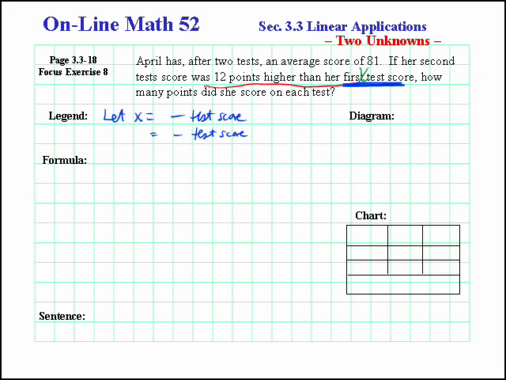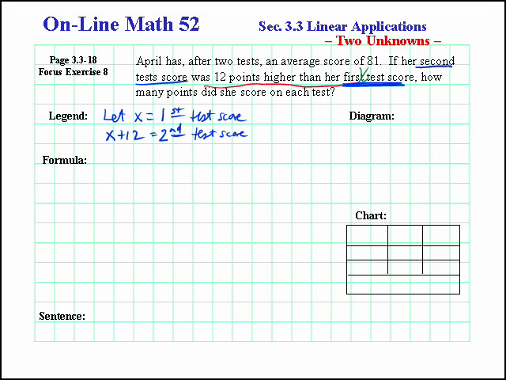So this should have been first test score for X. And her second test score, that's going to be 12 points higher than. That'll be X plus 12. Okay. I feel better already. You too? Yeah, I thought you would.